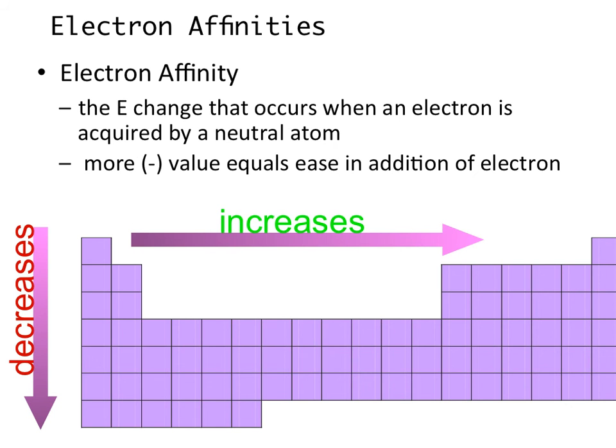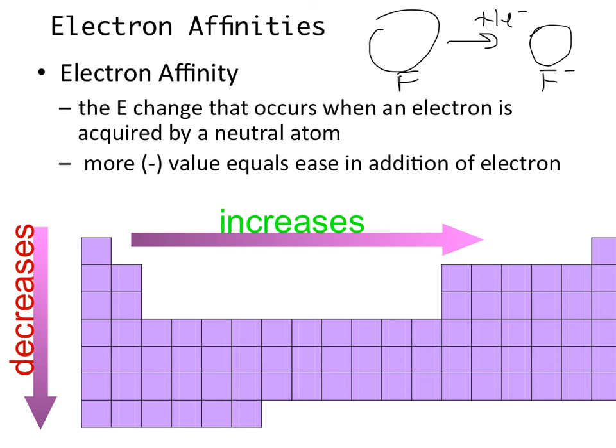So electron affinity is referring to the production of anions. Going from a neutral atom, such as a fluorine atom, to a fluoride ion. So picking up an electron to give you an anion is what we're looking at here, basically the reverse of ionization energy.